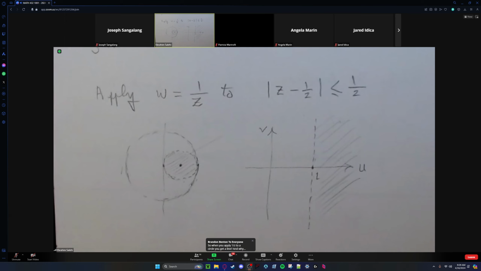We proved that 1 over z takes the totality of lines and circles to lines and circles, okay? So if you have a line, the image can still be a line or can be a circle.